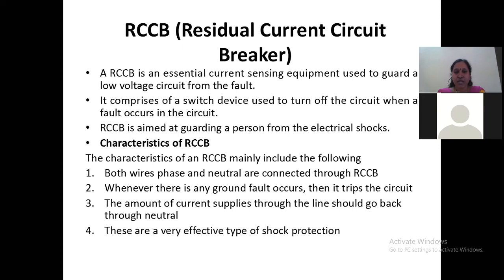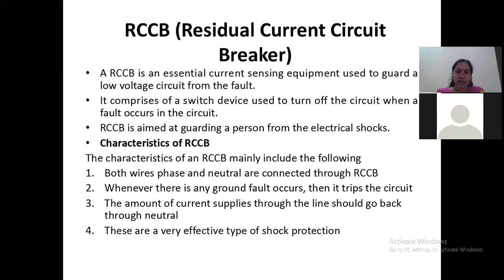Both wires, the phase and the neutral, are connected through the RCCB. Whenever any ground fault occurs, then it trips the circuit. So when a ground fault occurs, the RCCB comes into action. The amount of current supplied through the line should go back through the neutral.